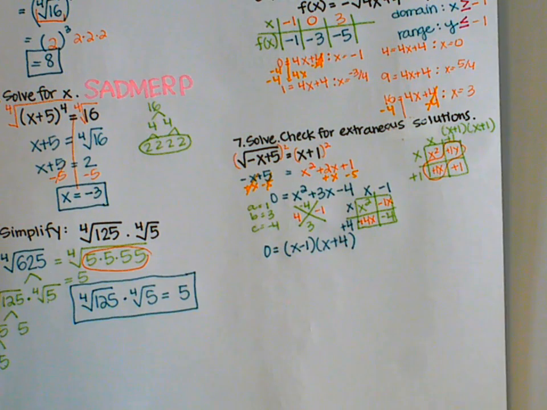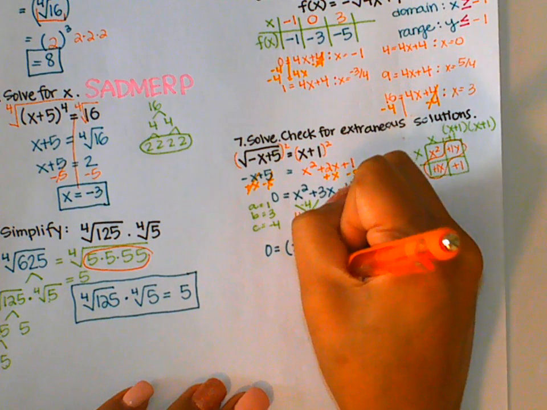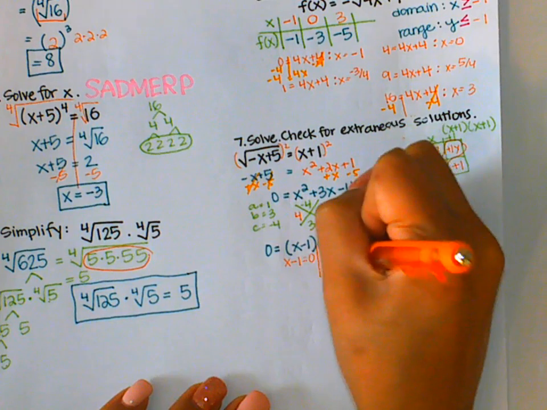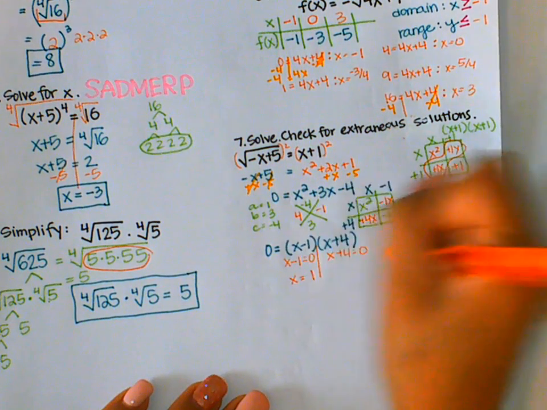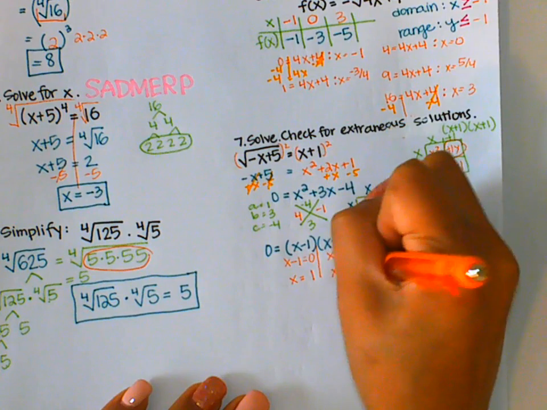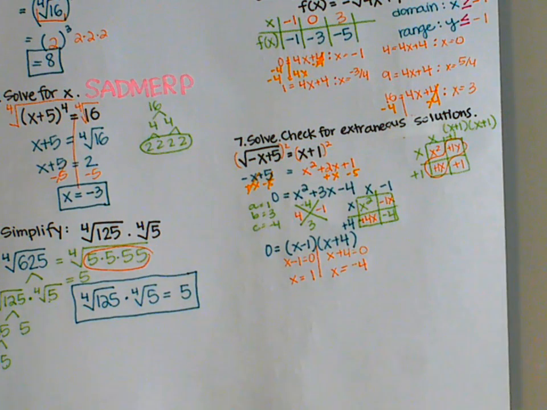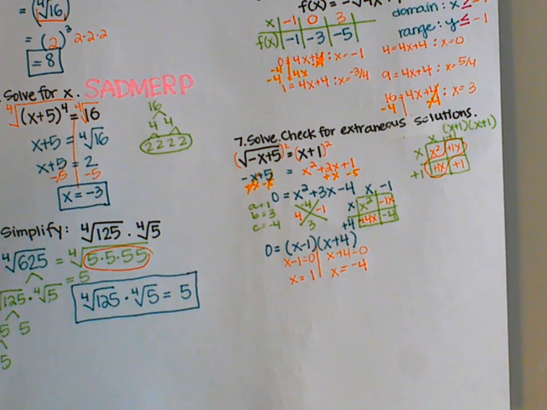Okay, now I can use the zero product property. X minus 1 is equal to 0. X plus 4 is equal to 0. So I get x is equal to a positive 1 and x is equal to a negative 4. Okay, so at this point, these would be our possible solutions, 1 and negative 4. I need to test them in order to make sure that they really are.